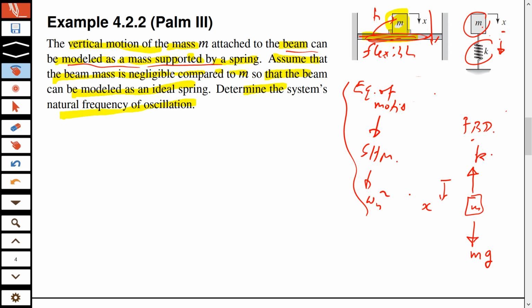So that will be k times x. You don't need the minus sign, but we will now need the minus sign here, that if I want to write Newton's law for the rigid body, it will be m times x double dot, and the two unbalanced forces, one is mg and one is minus k times x.